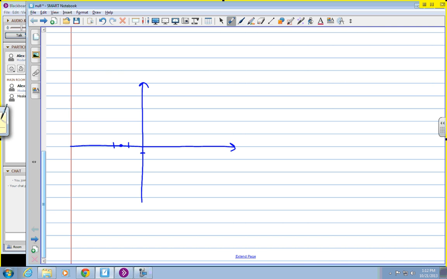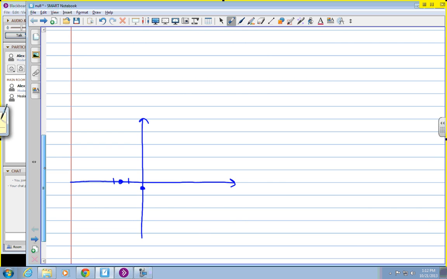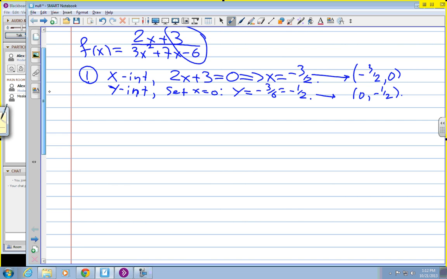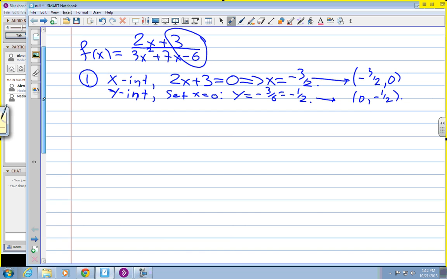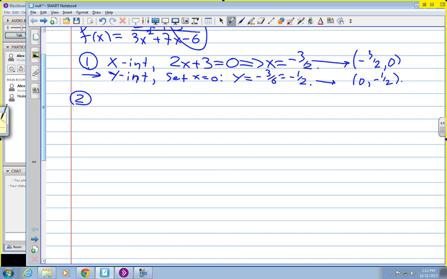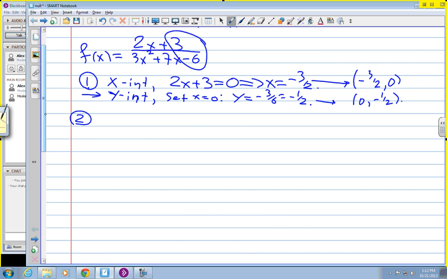So we have this x-intercept and that y-intercept. Right? It was negative 1/2, I think. That's what we found. Okay. Is that all right?